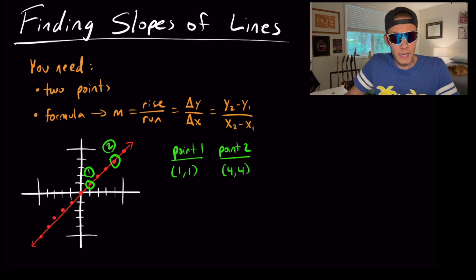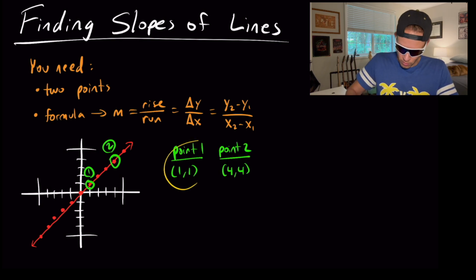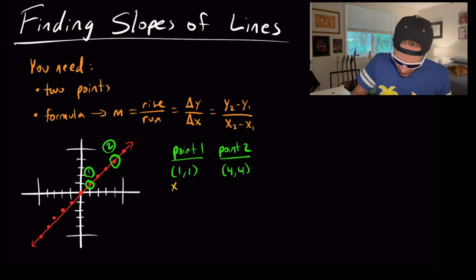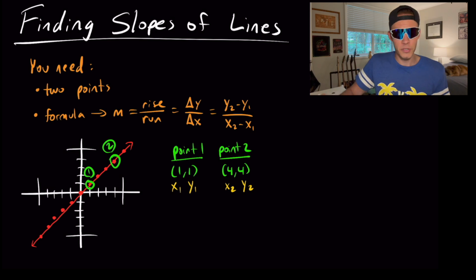So since points have an x and y coordinate, for point 1 here, let's call the x coordinate x1, and then the y coordinate y1, because they belong to point number 1. For point 2, same thing, but instead of x1, y1, we're going to call them x2 and y2, because they are part of point number 2.